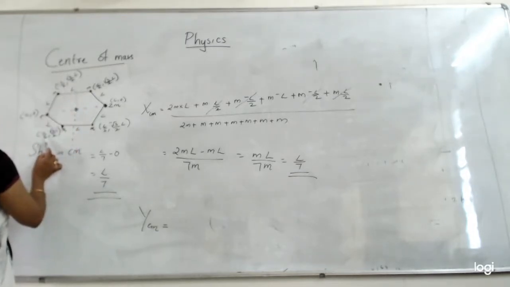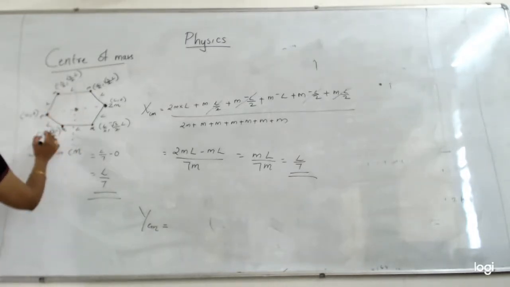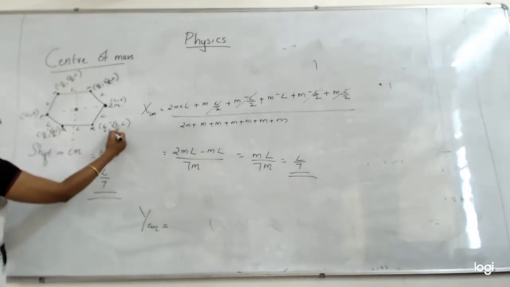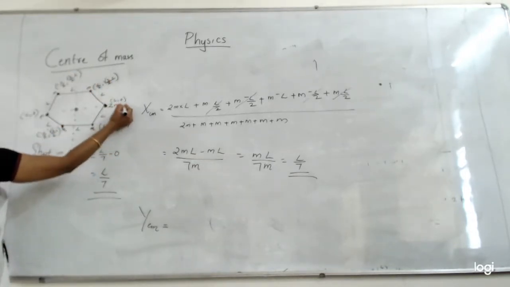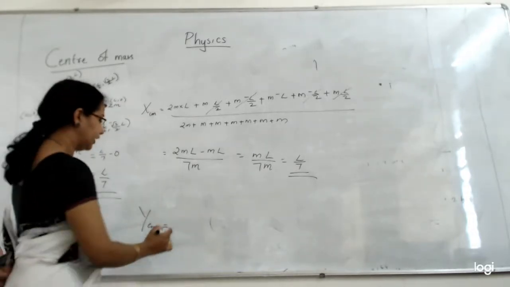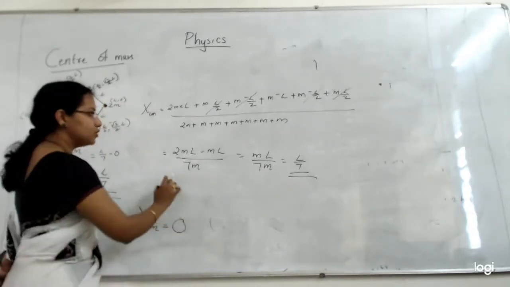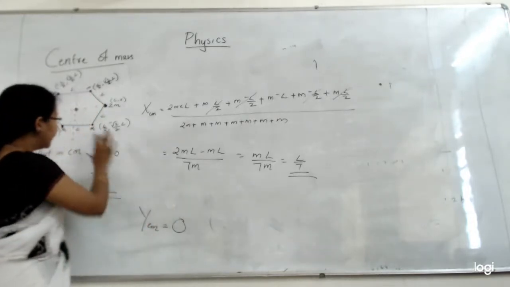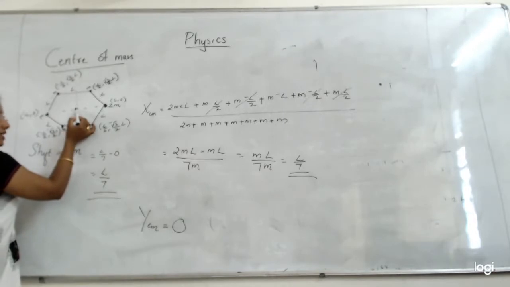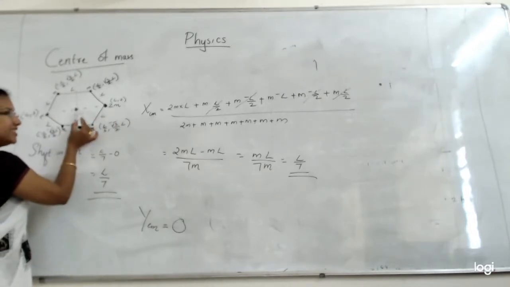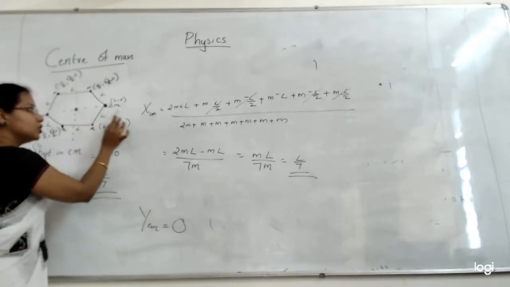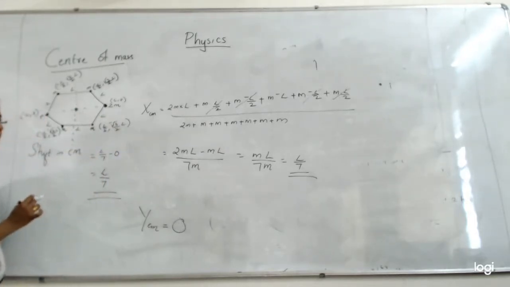Both the values will be plus here and both will be minus there, so they cancel. So YCM total will be 0, and it has only an x-coordinate. You can also remember that the mass which is larger is placed along the x-axis only, so the center of mass also shifts towards the x-axis.